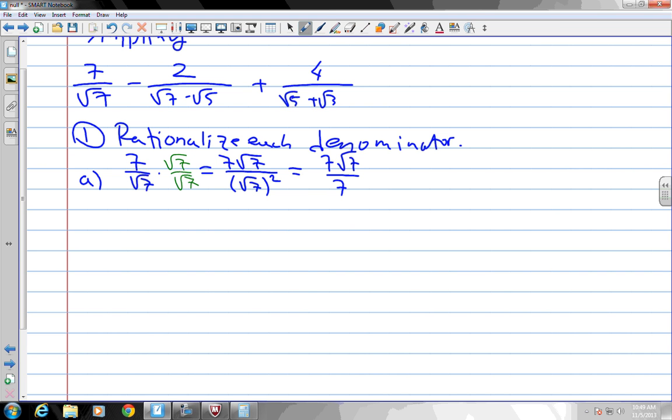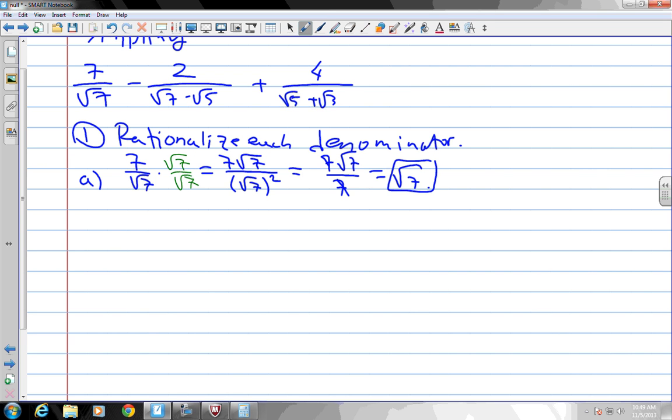You can totally do this in your head. So 7's cancel, square root of 7. Is that okay? So the first expression just turned into square root of 7.